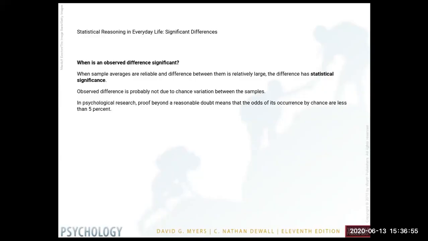When we do get a difference between groups, let's say that the group that studied on average scored about 40.1, and the group that didn't study on average scored about 29.8.